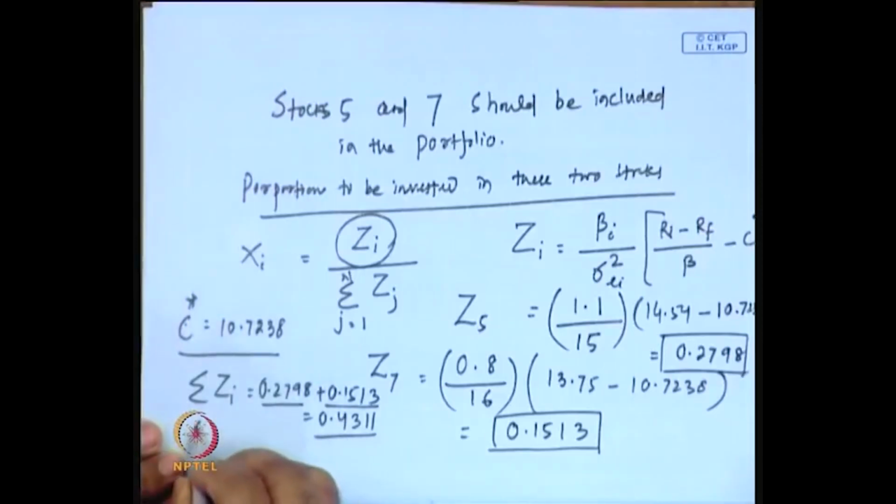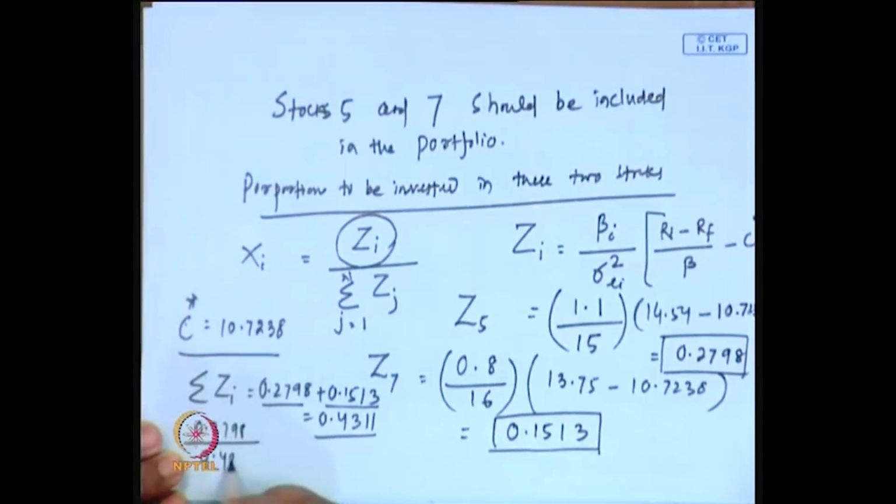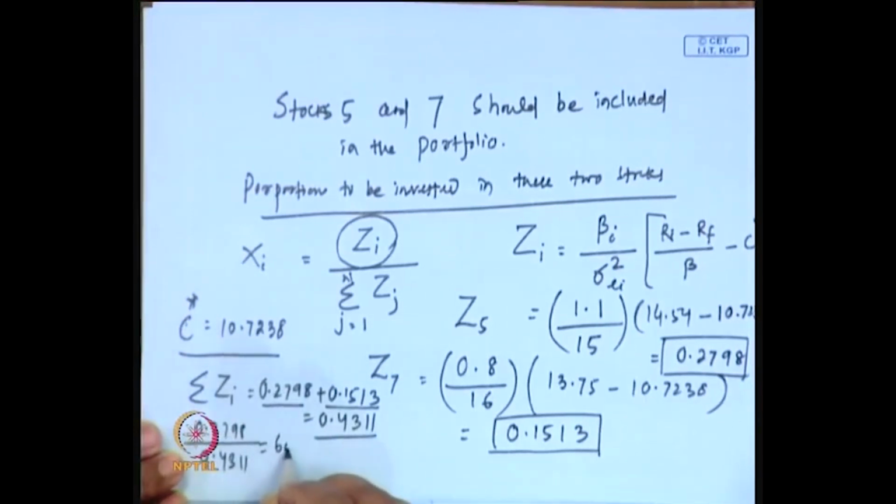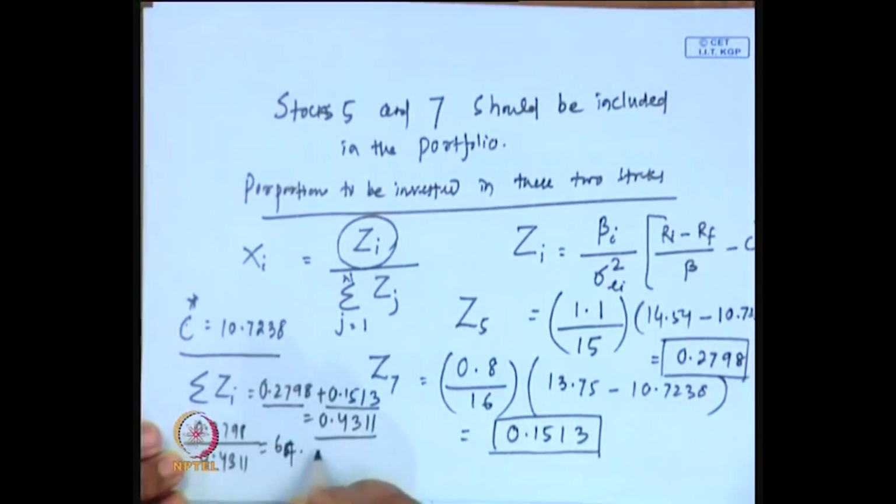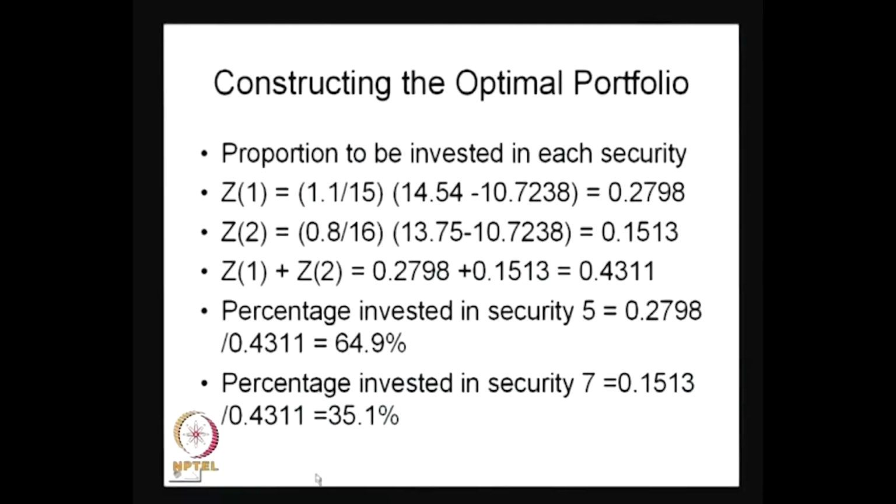For the other, it will be 0.1513 divided by 0.4311, which will be 35.1%. So this is the way the allocation will be made.